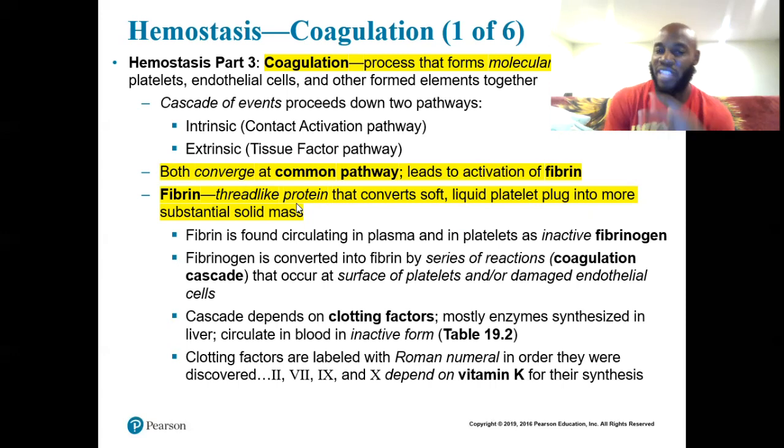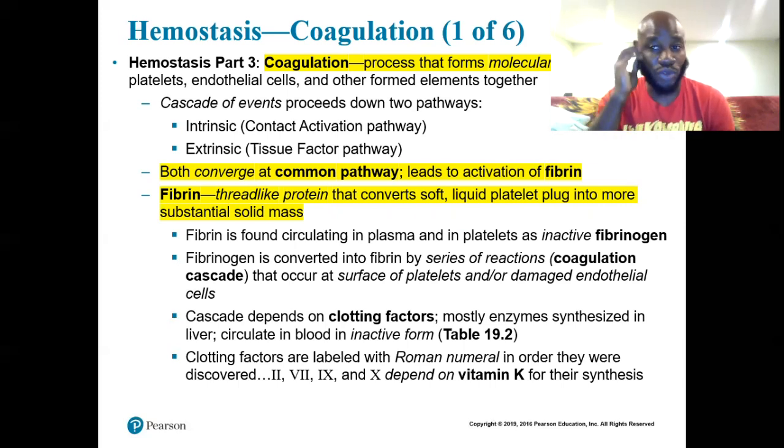So the platelets, remember, are just pieces of a megakaryocyte, pieces of a cell that are broken apart and float around in the blood, and they form this sort of loose, light clog. It's like if you took a cotton ball and clogged something. Now we want to use fibrin, this thread-like protein, because we want to get back to where we used to be.